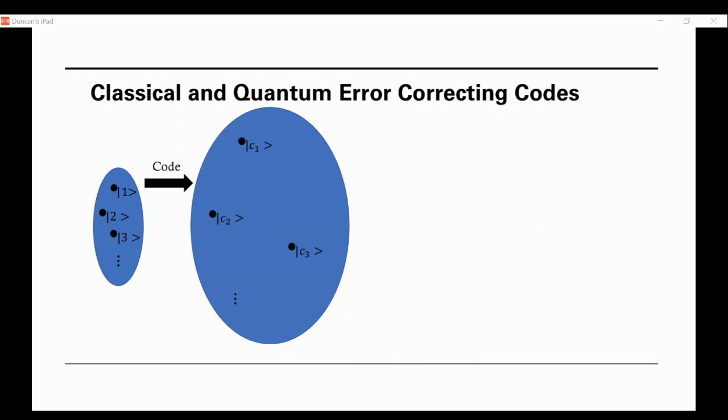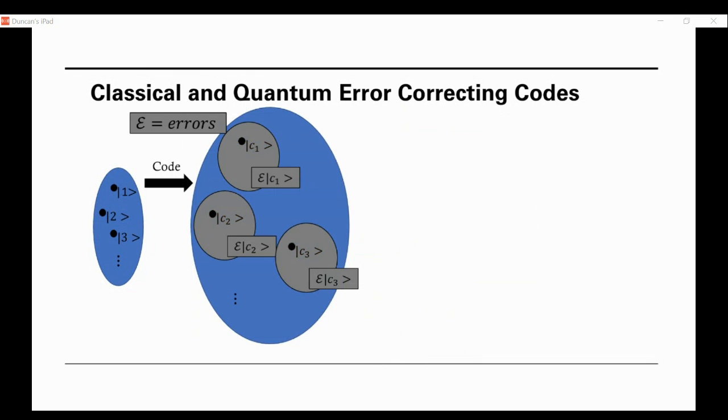And if we're worried about errors in the system, that's going to perturb these code words as we send something from Alice to Bob, or as we're doing a calculation or running an algorithm or whatever. The main idea is we want to make sure that we have enough space here so that whatever the errors are, they're going to keep these subsets separated. So that's a broad overview picture of what that is.